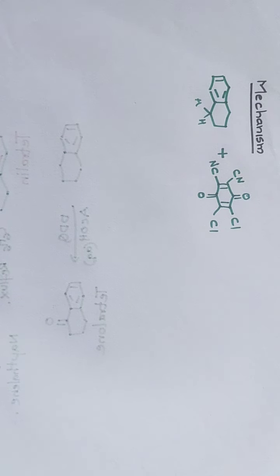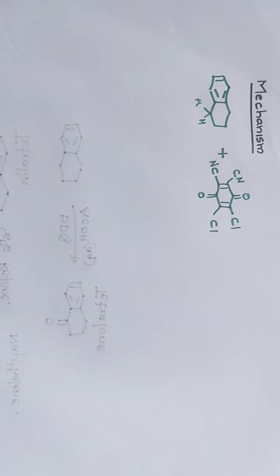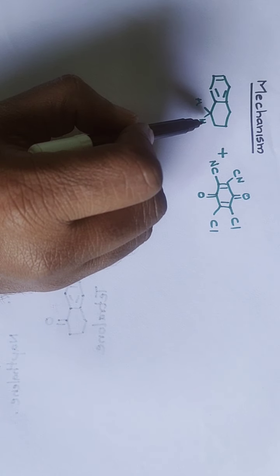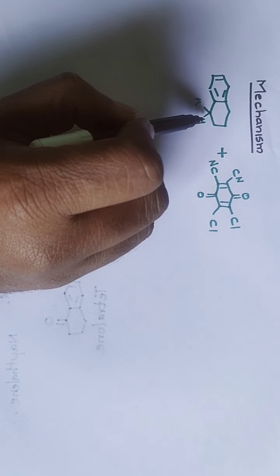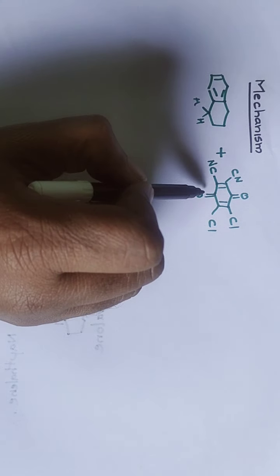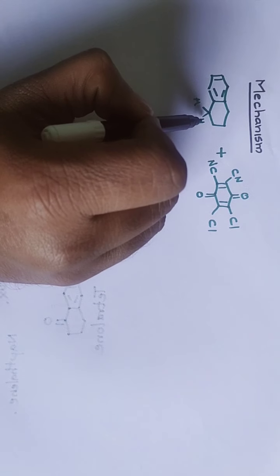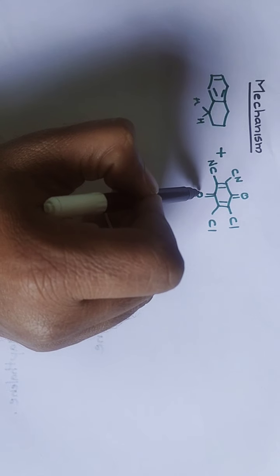See what happens. The mechanism of dehydrogenation by DDQ involves transfer of a hydride ion from a hydrocarbon to a quinone oxygen.